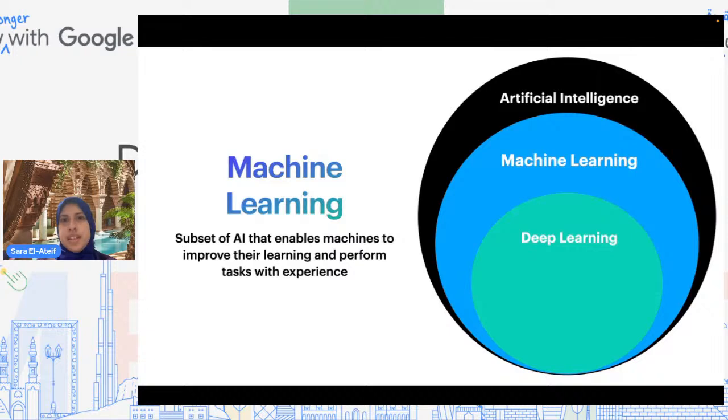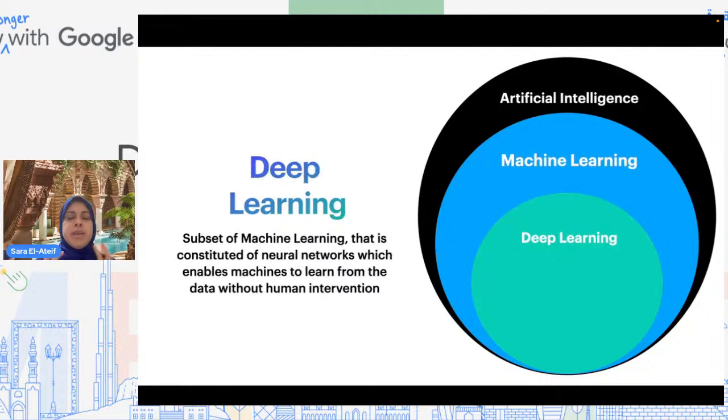But in this era, we have seen several developments in this field which gave birth to machine learning and then deep learning. Machine learning is a subset of artificial intelligence, whose main aim is to improve the algorithms that we had previously in AI in such a way that we give it data and it can learn through this data to perform specific tasks. Meanwhile, deep learning was inspired by how we humans think.